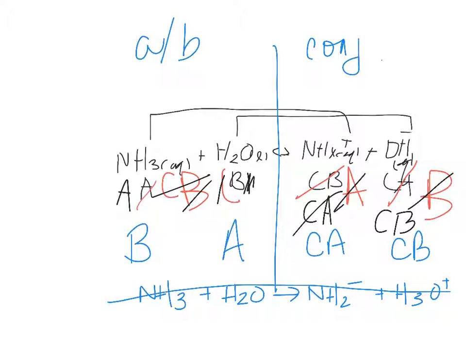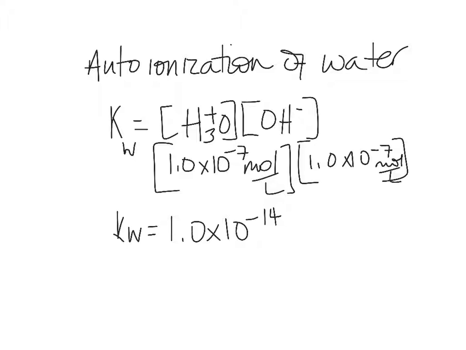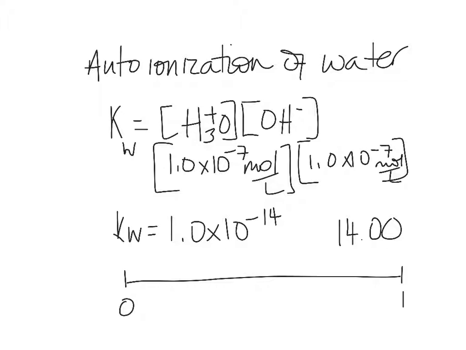So you're going to have some practice on this. Okay? It's good to know what we know. What is it? It's 14. Your pH scale runs from 0 to 14.